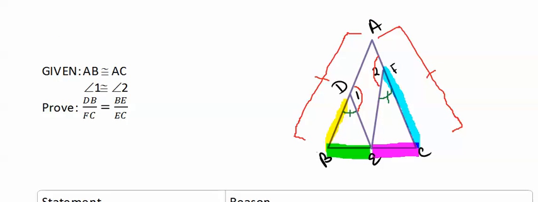Now, since we know that the bigger sides of this triangle, side AB and side AC, are congruent, that also means that angle DBE and angle FCE are congruent.